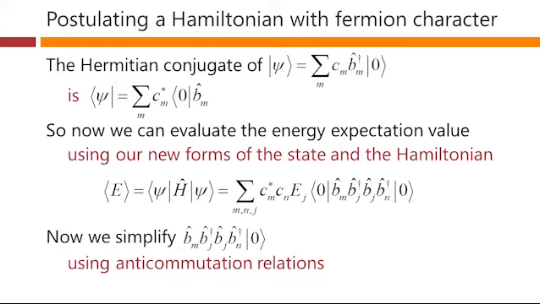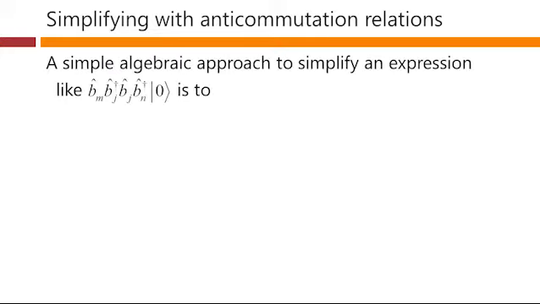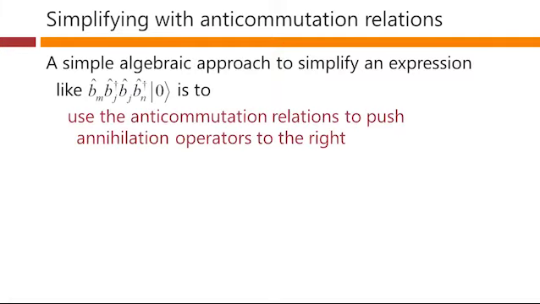And how we simplify it is by using the anti-commutation relations. So a simple algebraic approach to simplify an expression like this one is to use the anti-commutation relations to push annihilation operators to the right. In fact, that's basically what you're always going to do when you see a complicated product of annihilation and creation operators.